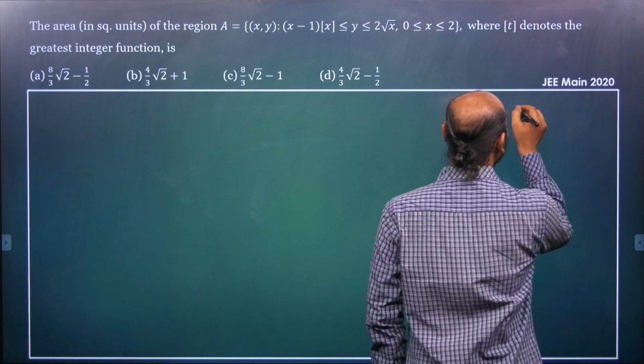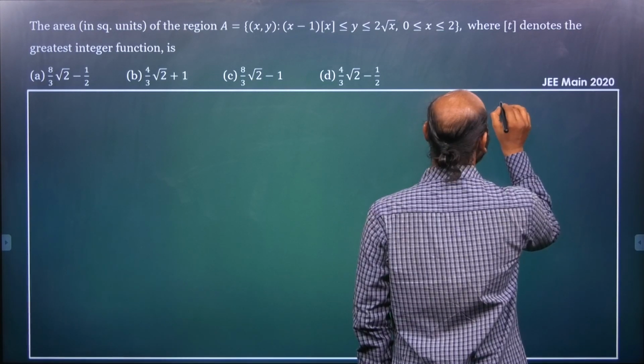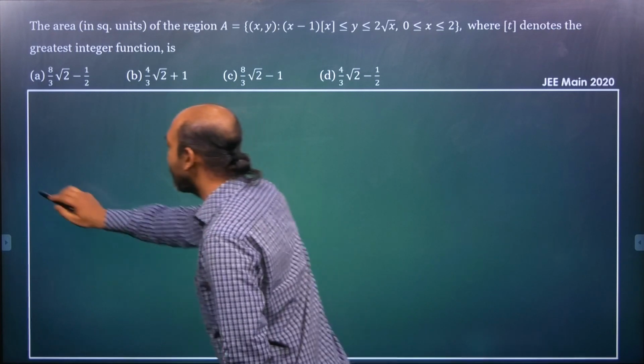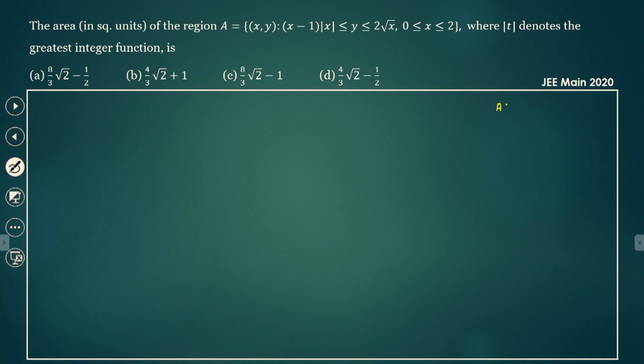So we'll say the region E can easily be written as A1: x minus 1 less than or equal to y less than or equal to 2 root x, and A2, the same region, becomes (x minus 1) multiplied by 2 less than or equal to y less than or equal to 2 root x.